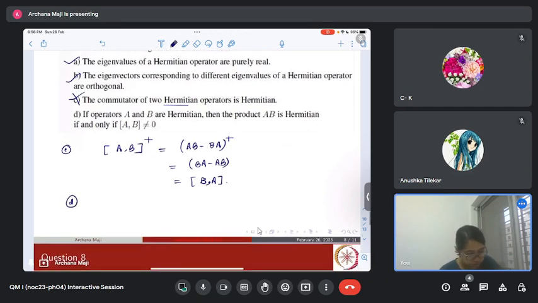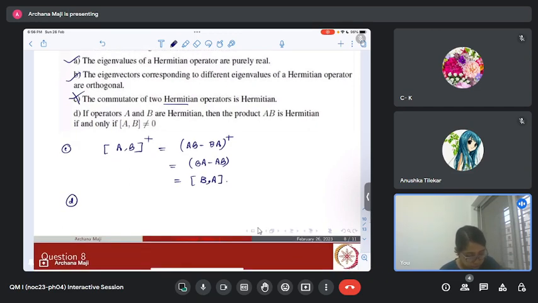Why? It says the product AB is Hermitian. So AB Hermitian means (AB) dagger should be equal to AB. And the condition it is giving is, okay, (AB) whole dagger is actually B dagger A dagger, which is BA if A and B are Hermitian, and for AB to be Hermitian, it should be equal to AB.